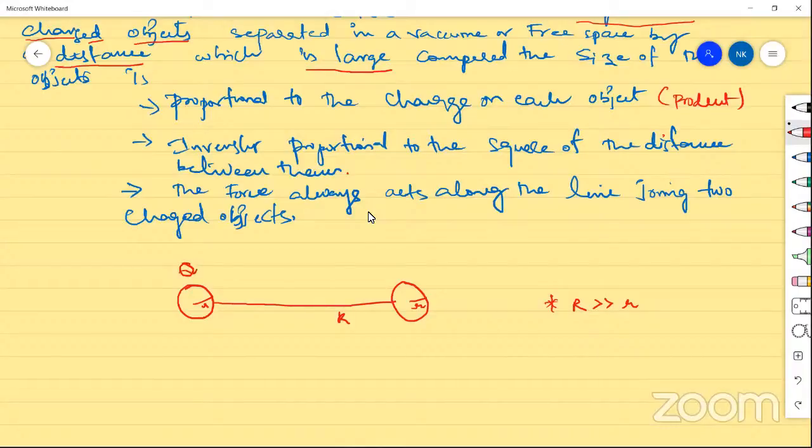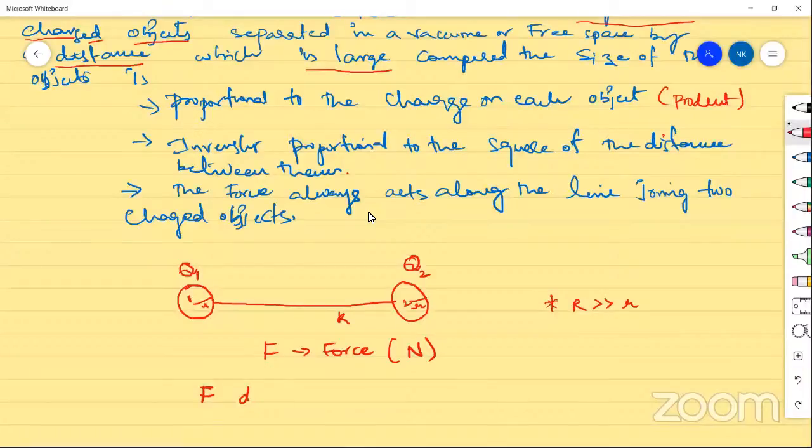This is object 1, this is object 2. Let us say the charge on object 1 is Q1, and the charge on object 2 is Q2. F is the force, which is always represented by F, measured in Newton.